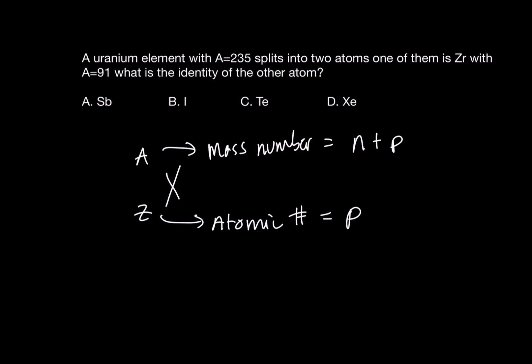Now, what about electrons? Well, we know cations and anions exist, right? For example, when fluorine goes to fluorine minus, this is an anion because it gained an electron, but it's still fluorine. Or when lithium goes to lithium plus, it lost an electron and became a cation, but it's still lithium. So the same element can have different numbers of electrons, and electrons tell us nothing about the identity of the element.